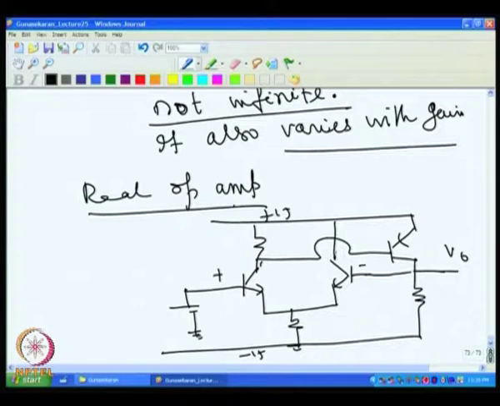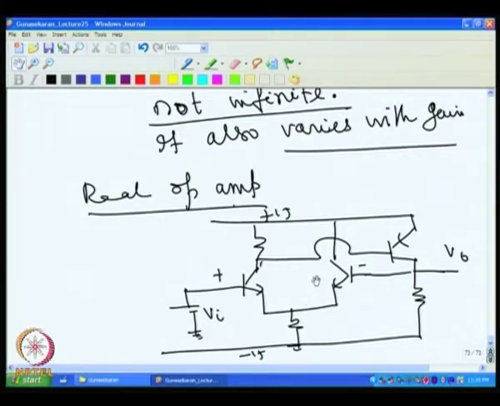Now, if you see this, as you increase this Vi, you will find that the current in this is slightly increasing, and then you find that this current is slightly decreasing, because most of the op amps maintain this current almost constant, which means that if I increase the voltage, this current will be increasing and this current will be slightly decreasing.